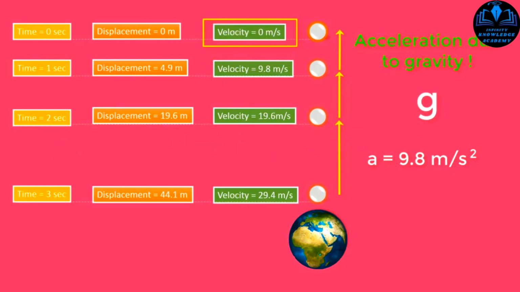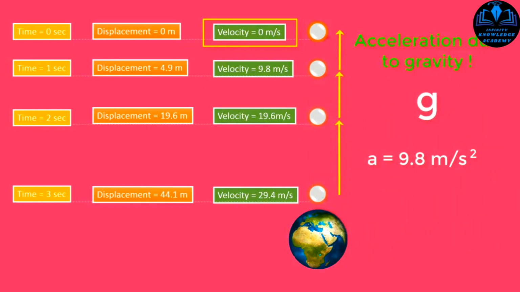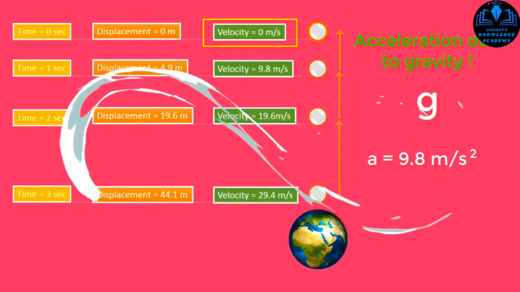Yes, in the last second, our velocity changes from 9.8 meter per second to 0 meter per second. Hence, my acceleration at peak point is 9.8 meter per second square.